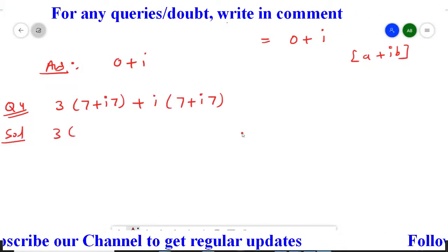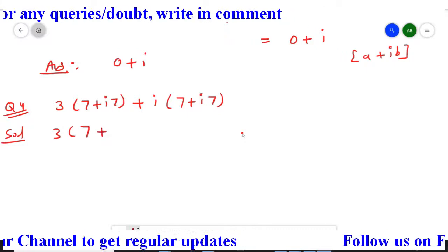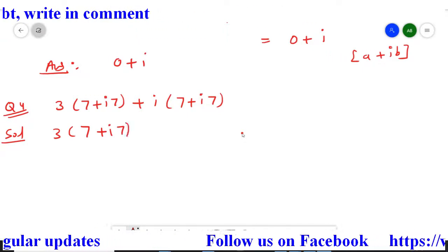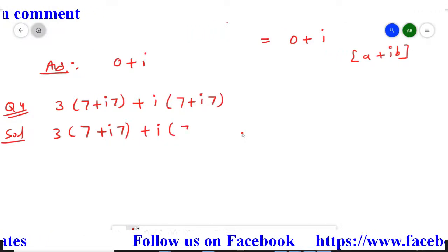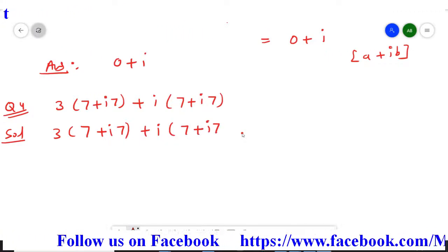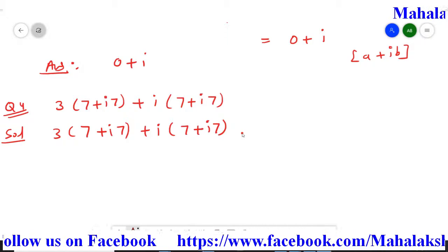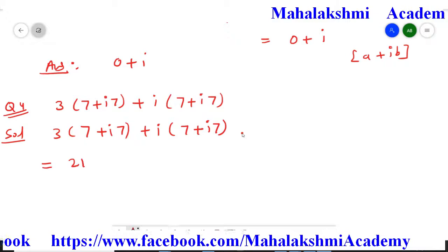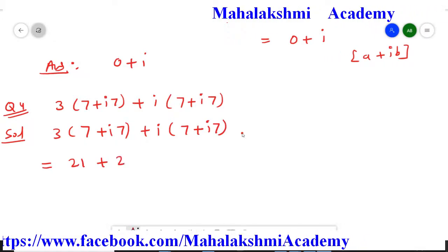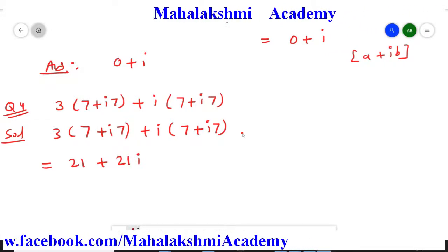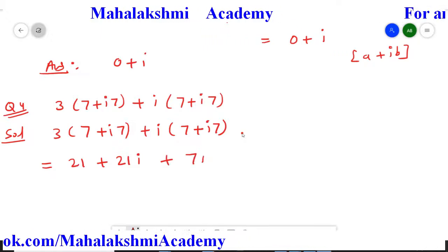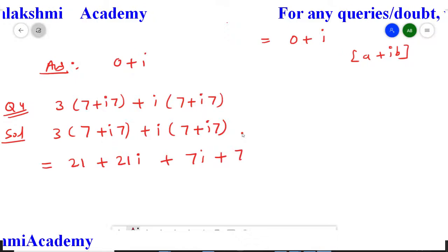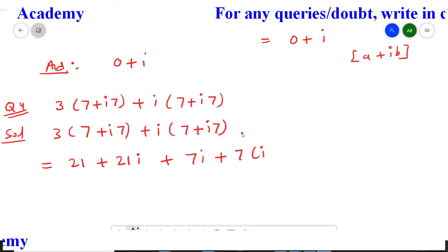First I am writing the question here: 3 plus 7 bracket 3 bracket 7 plus iota 7 plus iota 7 plus iota 7. When we open the bracket, this 3 will multiply by both, so it's going to be 21 plus 21 iota plus 7 iota plus 7 multiplied by iota square.